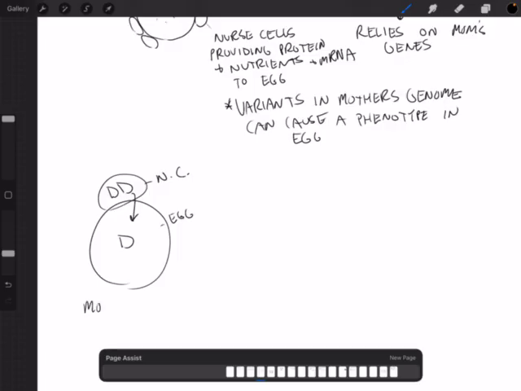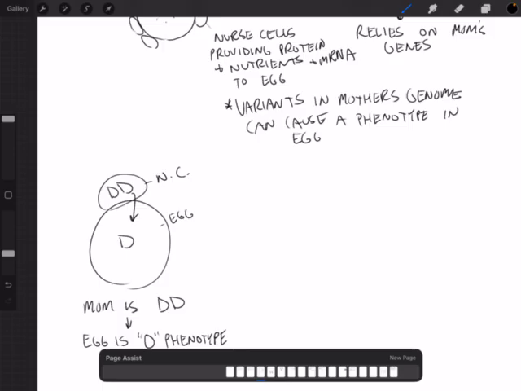Right, so the mom is DD. The egg is going to be the D phenotype.